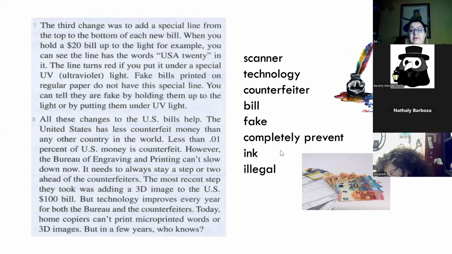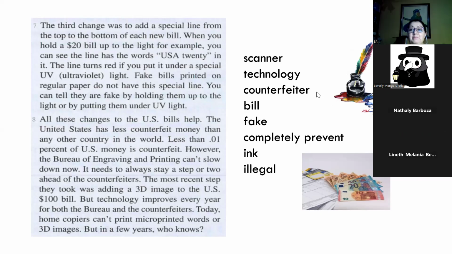Ok, vamos a ver qué significa cada una de esas palabras. Scanner. Un scanner. We know the same word, right? Technology. We know technology. Tecnología. Counterfeiter. Traficante. Falsificador.